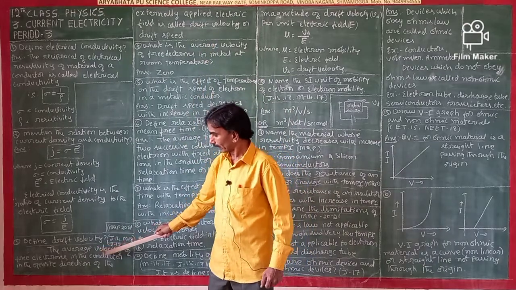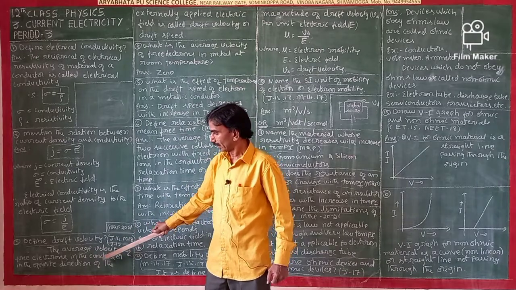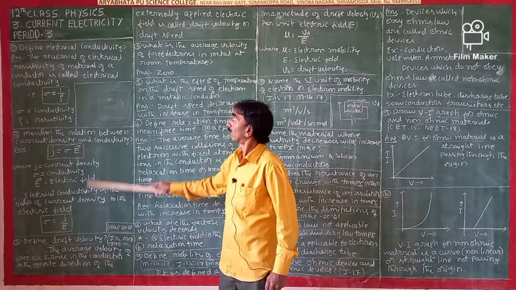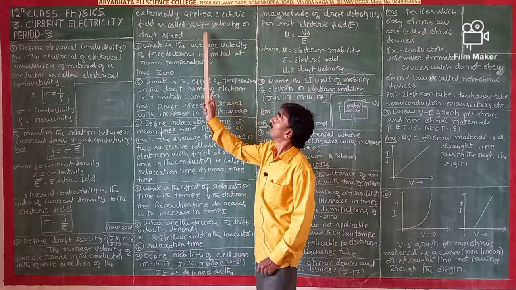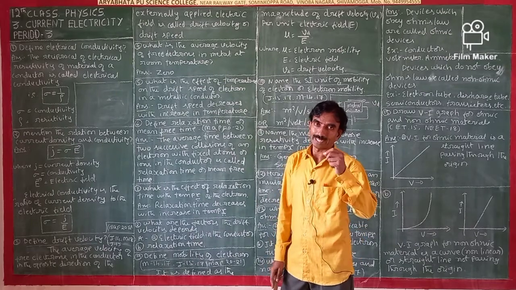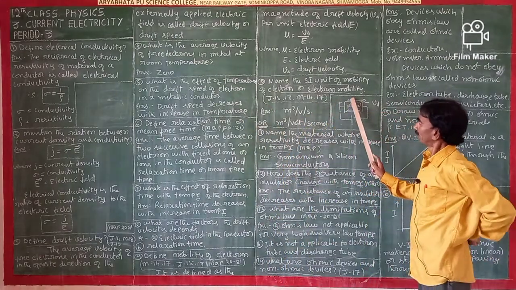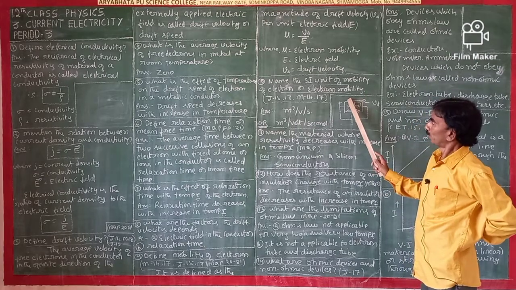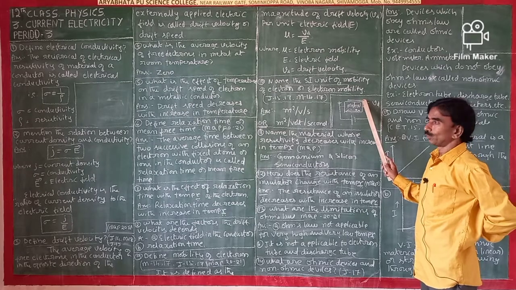The average velocity of free electrons in the conductor in the opposite direction of the externally applied electrical field is called drift velocity. Drift means dragging, then moving. Here the electric field is there, and we try to move the electron in the opposite direction towards the negative plate.